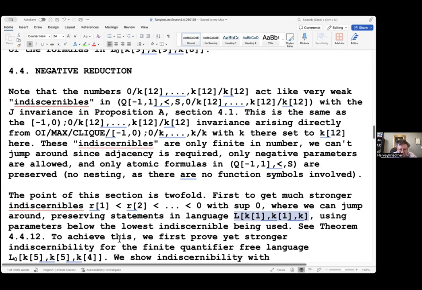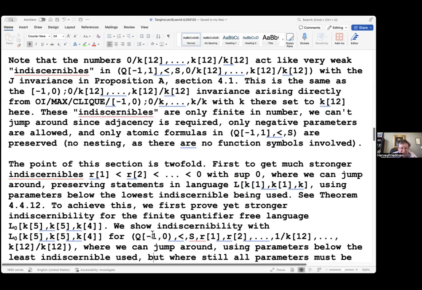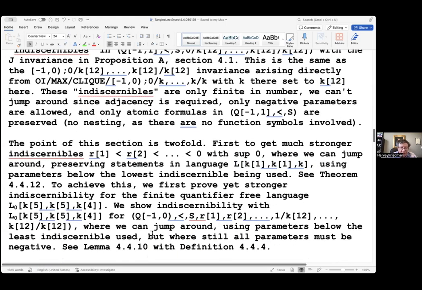To achieve this, we first prove an even stronger indiscernibility, but this time for the quantifier free language. We show indiscernibility with respect to this quantifier free language for this system with all the R's, these negative indiscernibles, and the positive ones, the old positive ones retained without the zero.